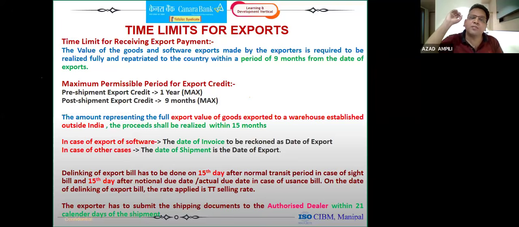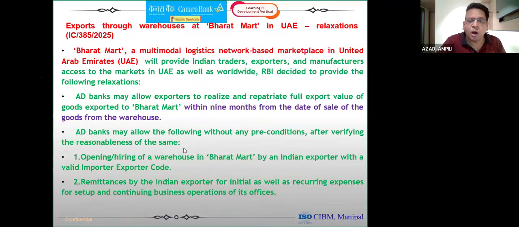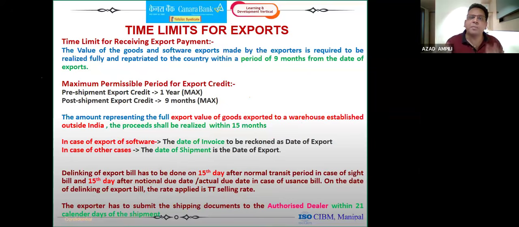The amount representing the full export value of goods exported to a warehouse established outside India, the proceeds shall be realized within 15 months. Here, three numbers you have to remember in this slide. Pre-shipment 1 year, post-shipment 9 months. If there is a warehouse established outside India, the proceeds shall be realized within 15 months. Three numbers you have got to know.